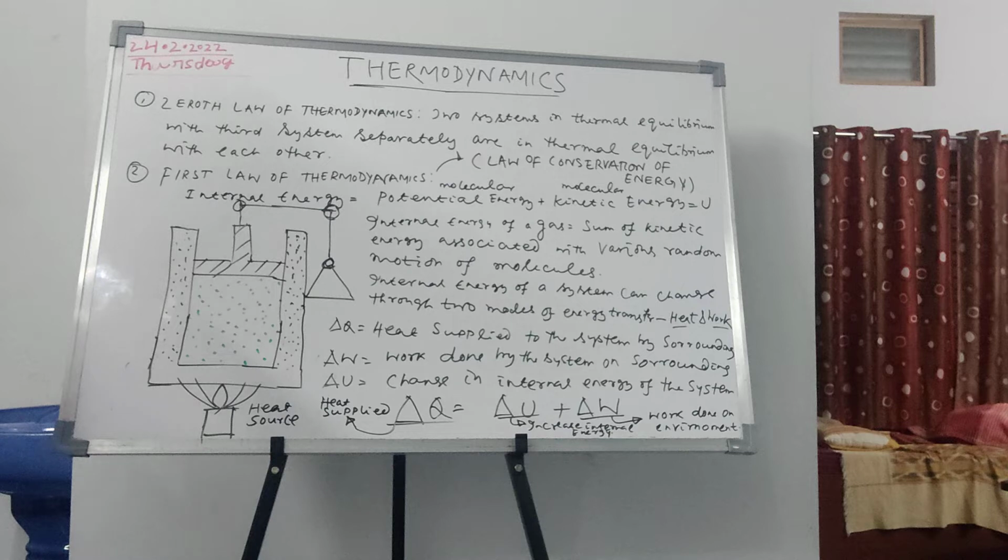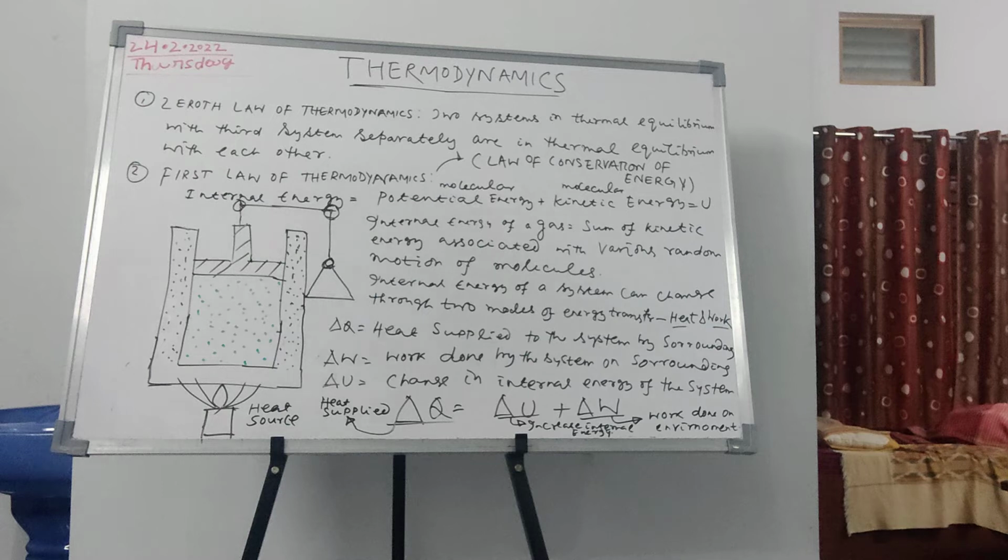So A separately is in thermal equilibrium with C, and B separately is in thermal equilibrium with C. That means systems A and B are in thermal equilibrium. So that is a simple law, the zeroth law of thermodynamics.